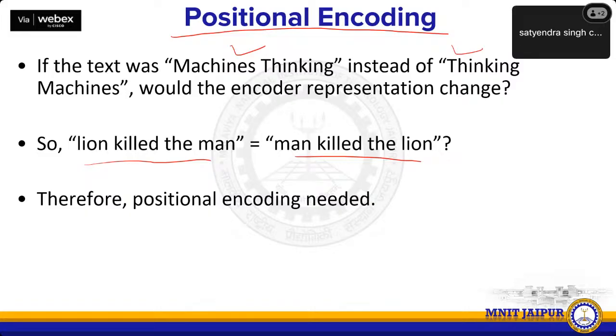This function creates an oscillating pattern that varies with the positions. This way the model learns the relative position and distance between the tokens, and this ensures that position information is preserved throughout the model learning part.